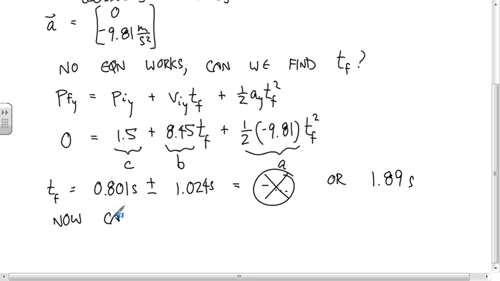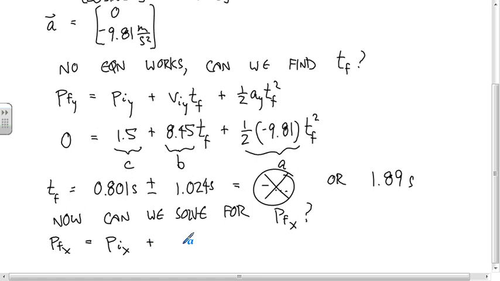And now can we solve for, what are we looking for? PFX. Yeah, now we can use equation 2a to solve for PFX. So PFX is equal to PIX plus VIX TF plus 1/2 AX TF squared.